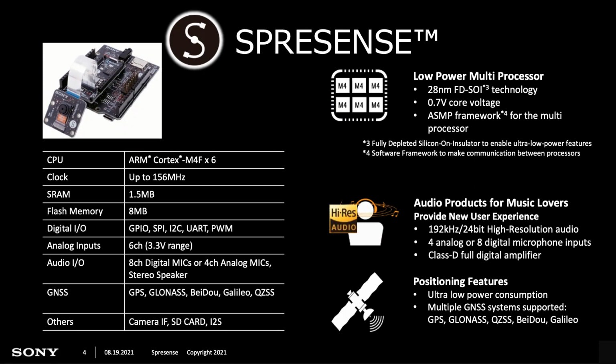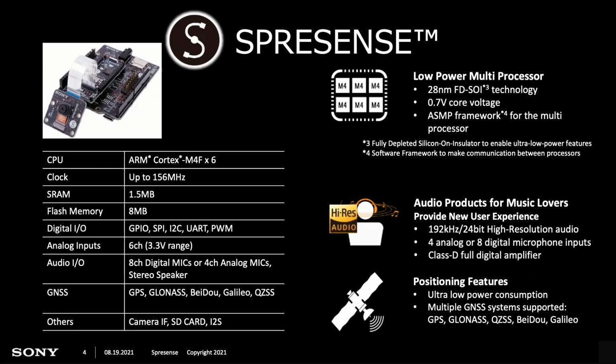To access the board, you can use digital input and output like GPIO, SPI, I2C, UART, and PWM. We have the analog input, which is 6 channels, 3.3 volts. We have audio input and output. We have 8-channel digital and 4-channel analog mics, and also a speaker is another output that you can get from the Spresense.